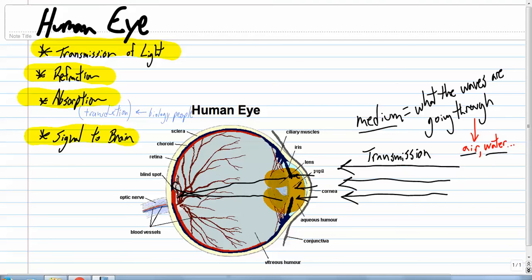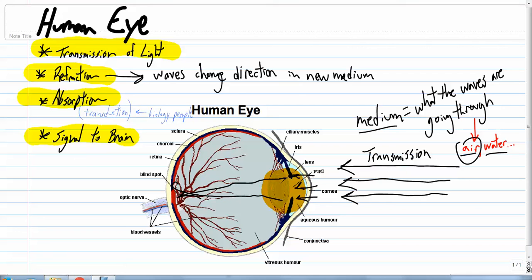In this part of the eye, especially the lens here, the light rays change direction, and that is called refraction. So refraction is when waves change direction in a new medium. As light rays go from, say, the air into these tissues, they bend, they change direction, and that's called refraction.